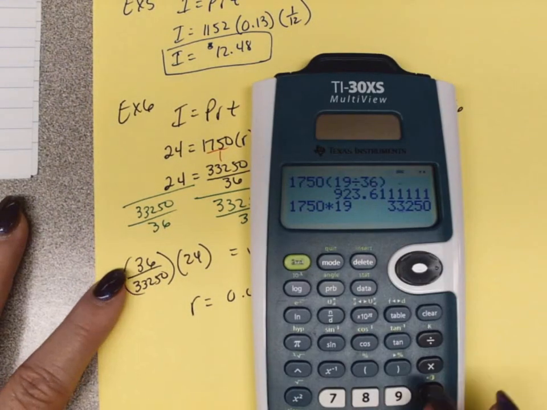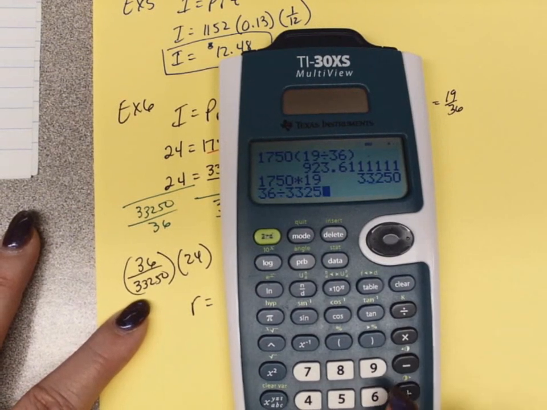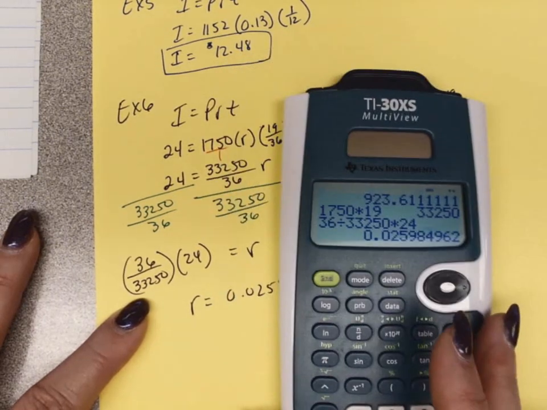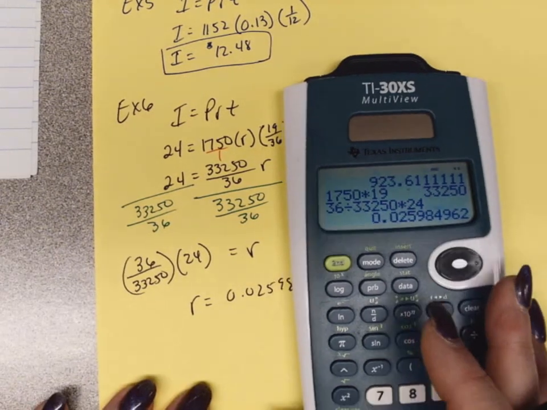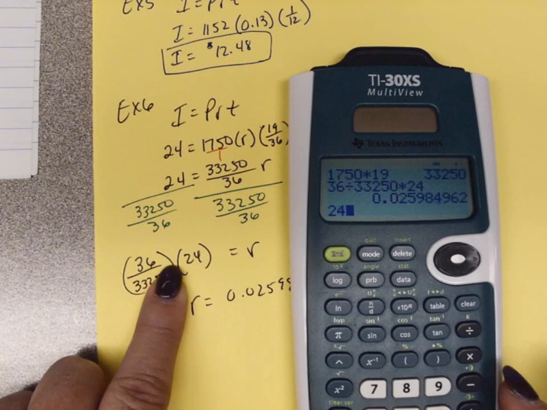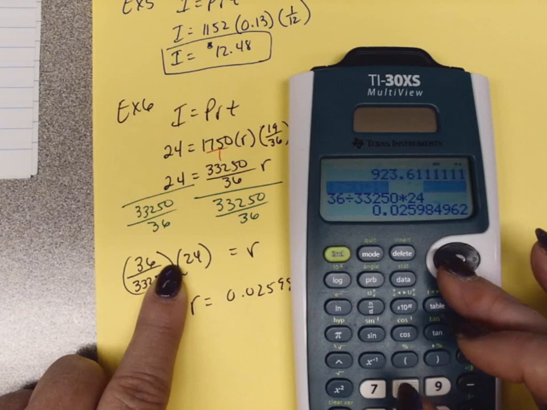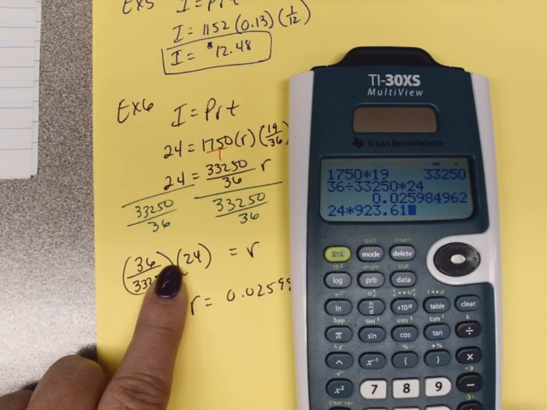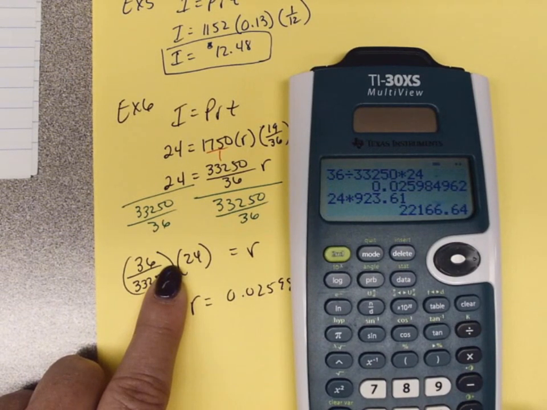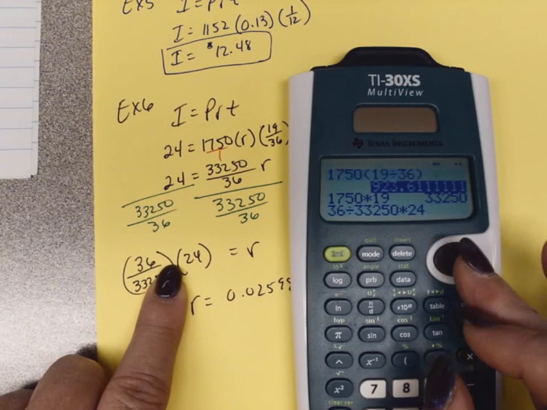So let me show you. I'm going to take 36 divided by 33,250, and then multiply by 24. So I just put it in my calculator. If I had used 923.61, let's say I've rounded, because a lot of students do, then I would have 24 times, oops, I must have done something wrong. Oh, I have to divide by it.